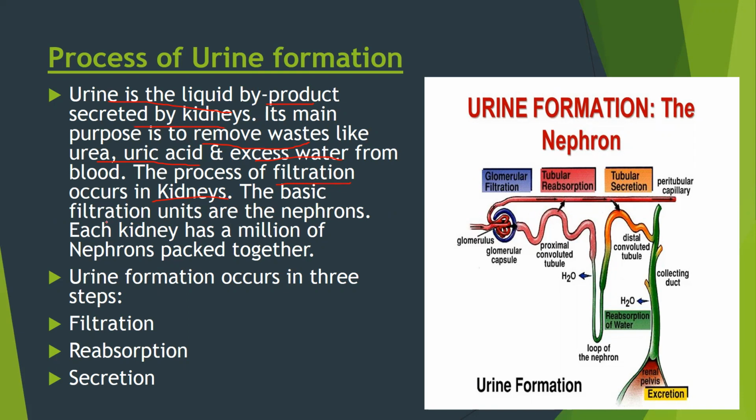The basic structural and functional unit of the kidney is the nephron. The kidney has millions of nephrons packed together, and urine formation takes place in 3 steps: filtration, reabsorption, and secretion.